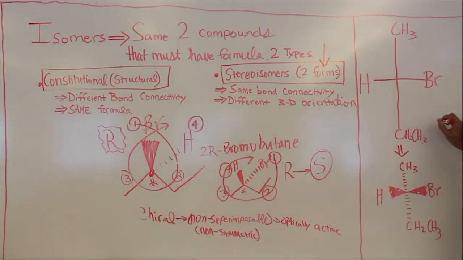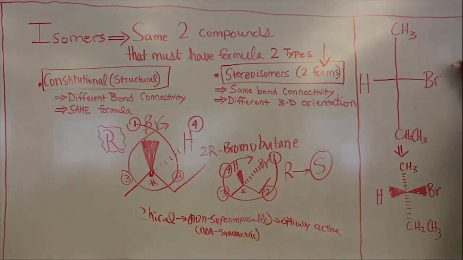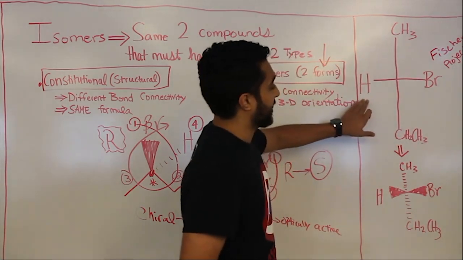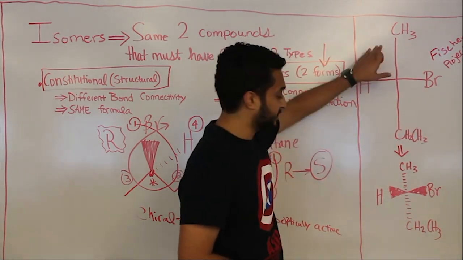So this is another way to show structures. You were shown cyclohexane chairs. You were also shown Newman projections. And this is the third one. This is called a Fischer projection. Okay. So as you can see, it's like a T structure that has different groups going in different places.